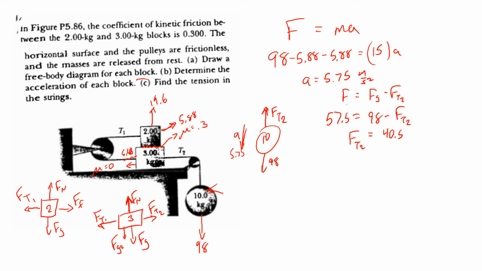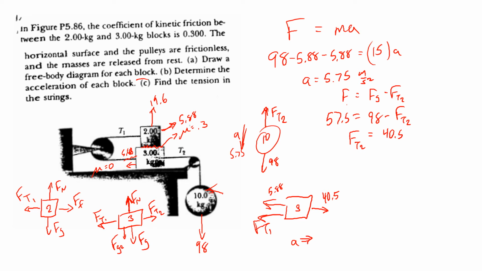Alright, now I'm just going to work backwards here and do the 3 block. Here's the 3 block. I don't care about the up or down forces right now, but I know that this tension, this is FT2, and this is going to be 40.5 because we just figured it out. Going this way we have force of friction, which is 5.88, and we also have the tension 1, FT1. I know that it is accelerating this way, so that's going to be my net force direction.